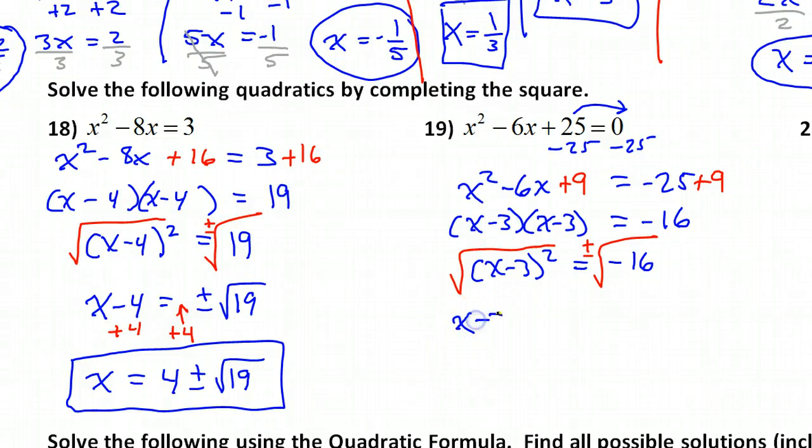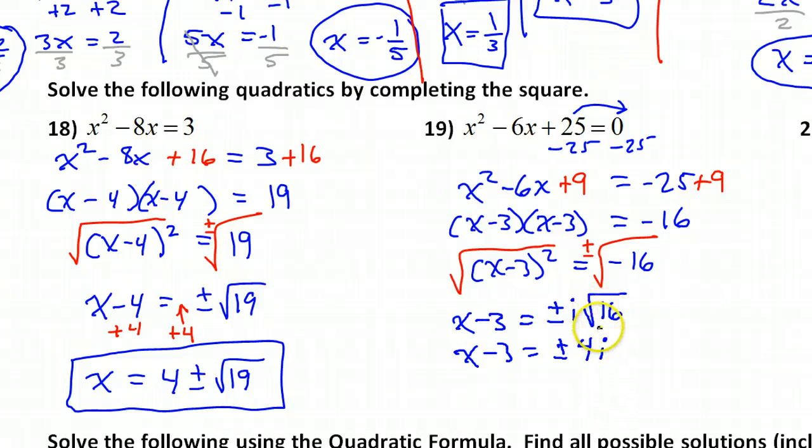So I'm going to have x minus 3 equals plus or minus i times the square root of 16. But that immediately will turn into 4i, because the square root of 16 is 4. And the i comes last when you have a regular number.